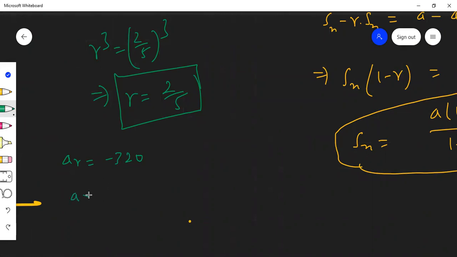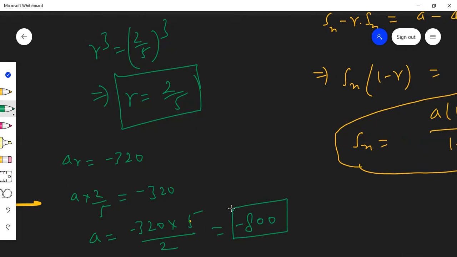This means a into 2 by 5 is equal to minus 320. So a would be minus 320 into 5 divided by 2, so 160 times 5 is 800. So a comes out to be minus 800.